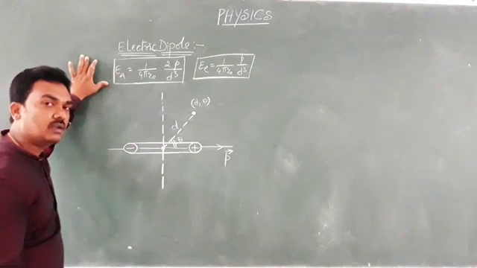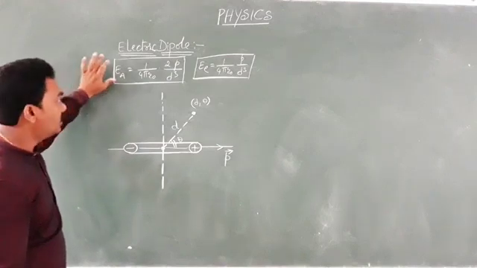Here, you see this is a dipole moment vector directed from negative to positive of an electric dipole, and this P bar is making an angle theta with the line joining the particular point to the center of the dipole. Now here is an interesting point.